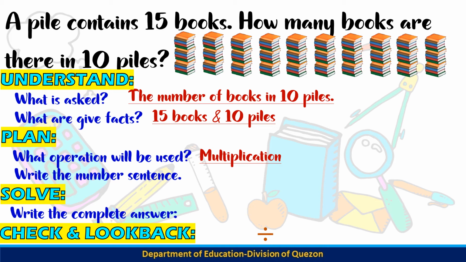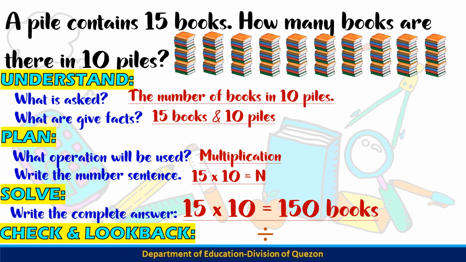Kunin mo lang po yung given facts at ilagay mo yung ating operation. You will have a number sentence, or 15 times 10 equals n. The third step, write the complete answer. So, we have 15 times 10 is equal to 150 books.